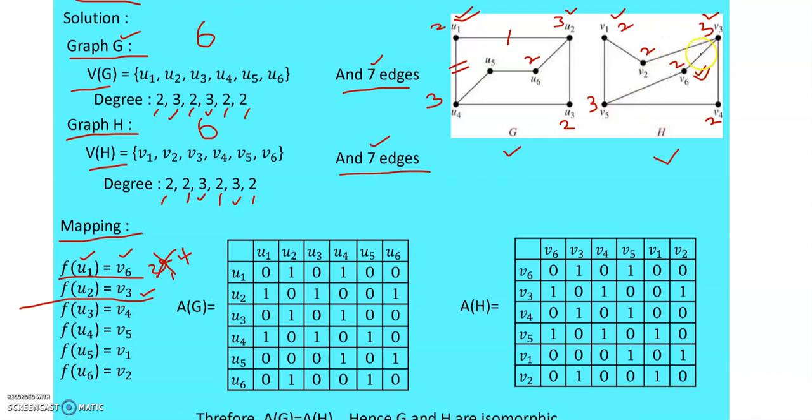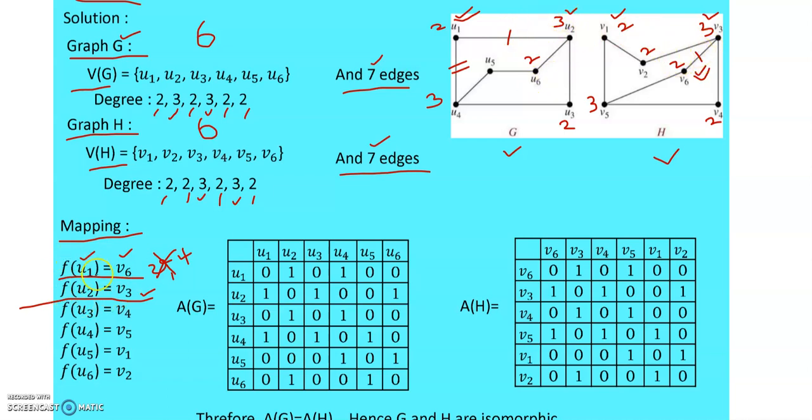Automatically it will be matching the edges also, but I am just telling you. See here, this edge is mapping with this edge. Why? Now u1 is mapping with v6. So next u2 is mapping with v3. So now u1, u2, this edge, similarly v6, v3, this edge. So this edge and this edge automatically have mapping.